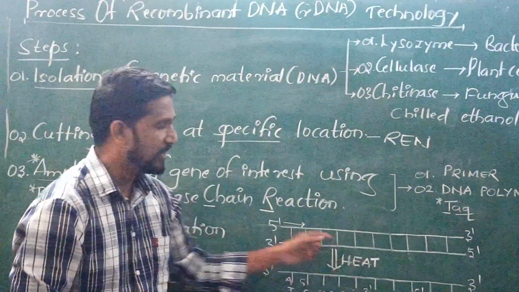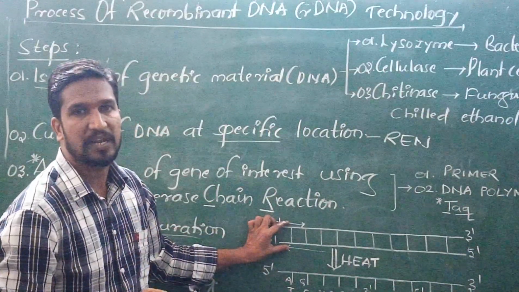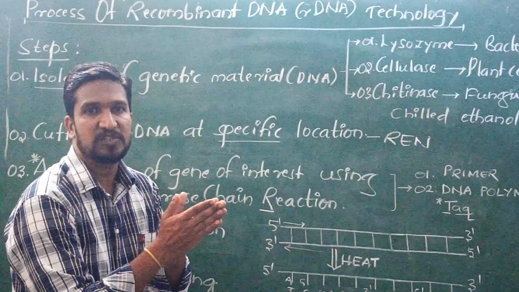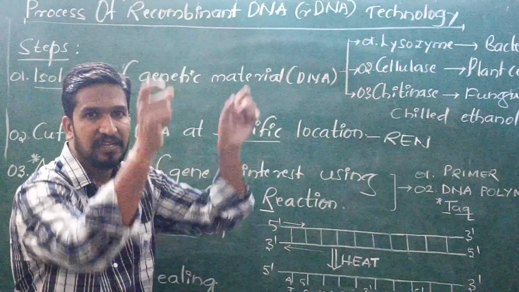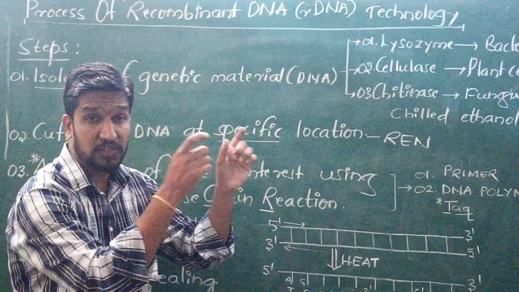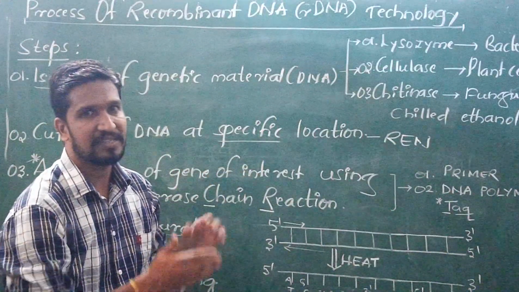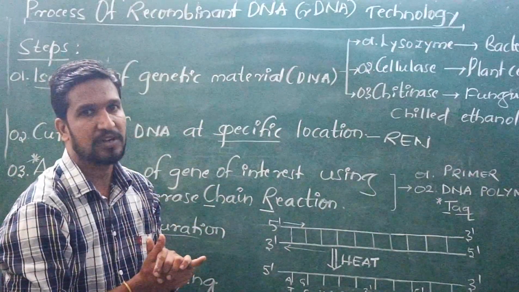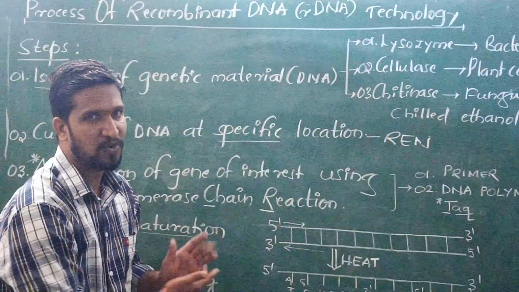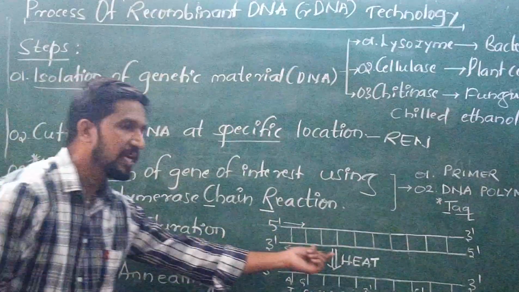When this double-stranded DNA is given heat of approximately 70 to 80 or 90 degrees Celsius, the bonds between the two nitrogenous bases break. Then single-stranded DNA is formed. Each strand acts as a coding strand or template strand, helpful for binding or preparation of another strand. That is the importance here. So denaturation is by heat process.